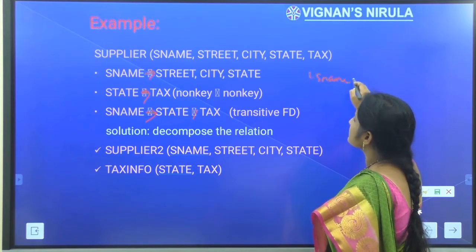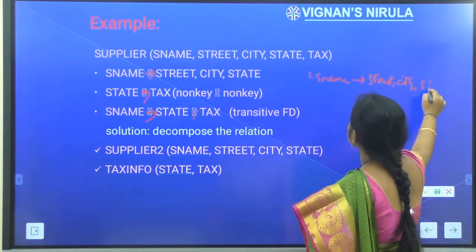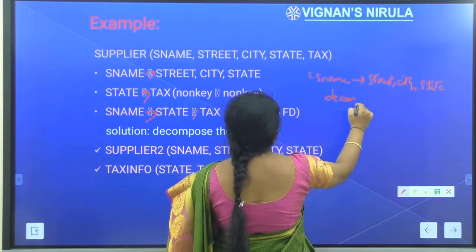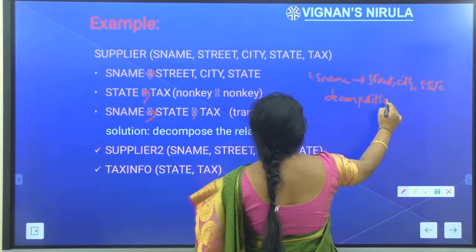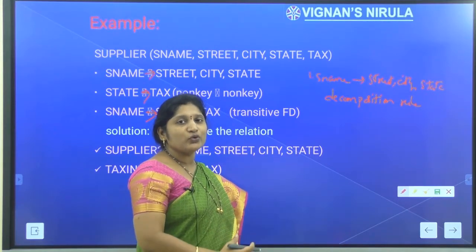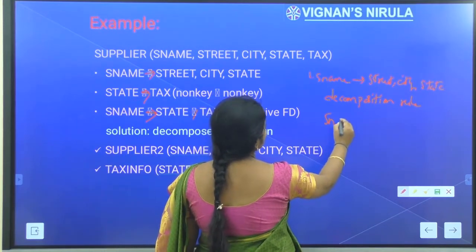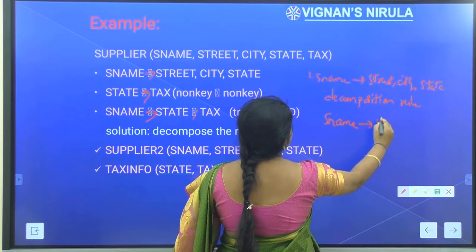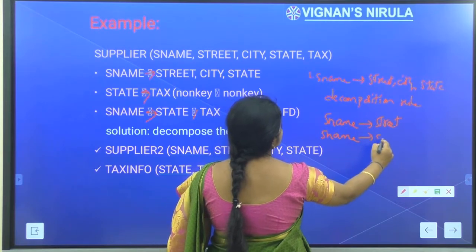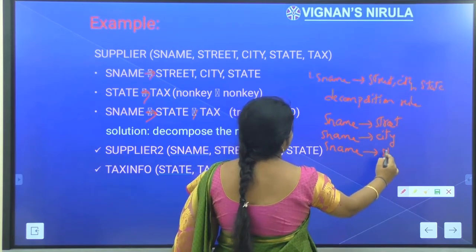So what is the first FD? S name implies street, comma, city, comma, state. By using the decomposition rule: if X implies YZ is there, I can decompose that into X implies Y and X implies Z. I can decompose this one into S name implies street, S name implies city, and S name implies state.